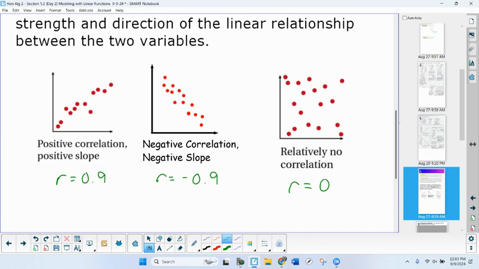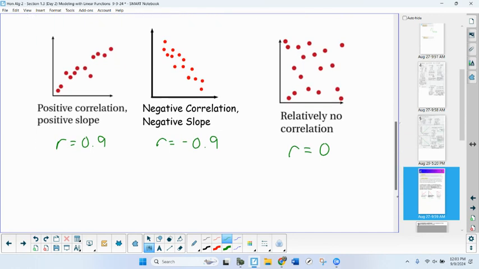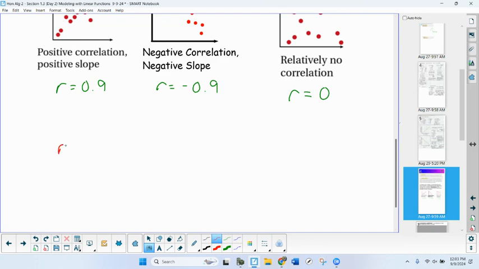So if they're positively related and close to a line, they're close to +1. If your correlation coefficient is exactly +1, that means they are in an exact straight linear line. If it's -1, it means they're in an exact straight negative line, like that.